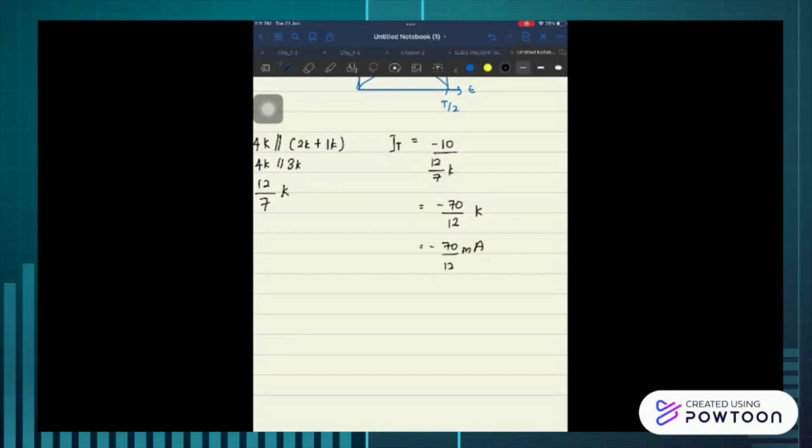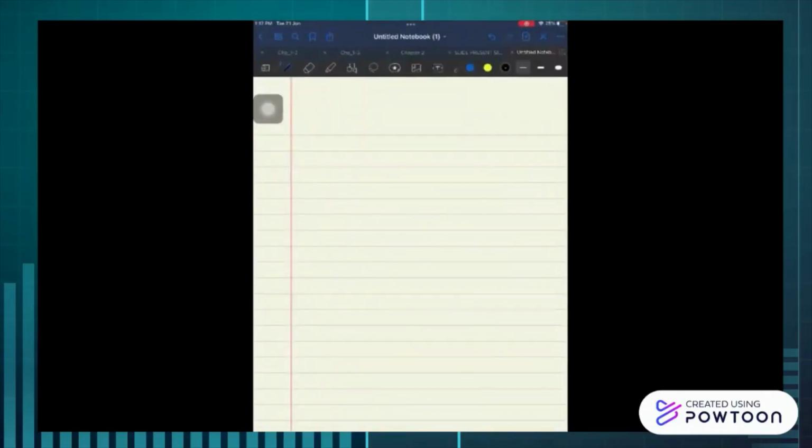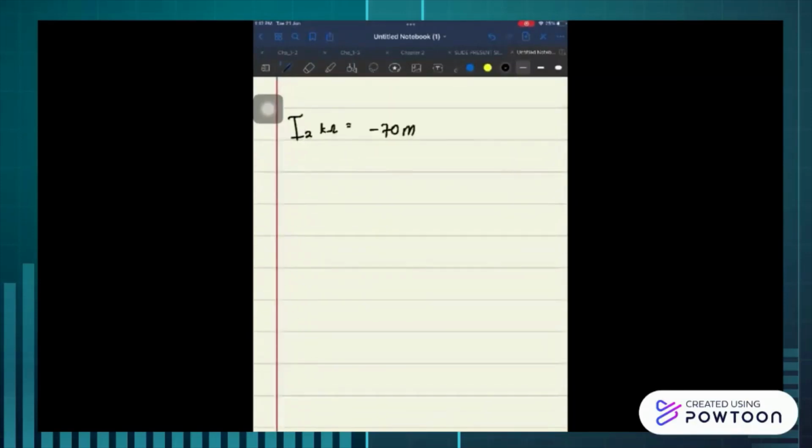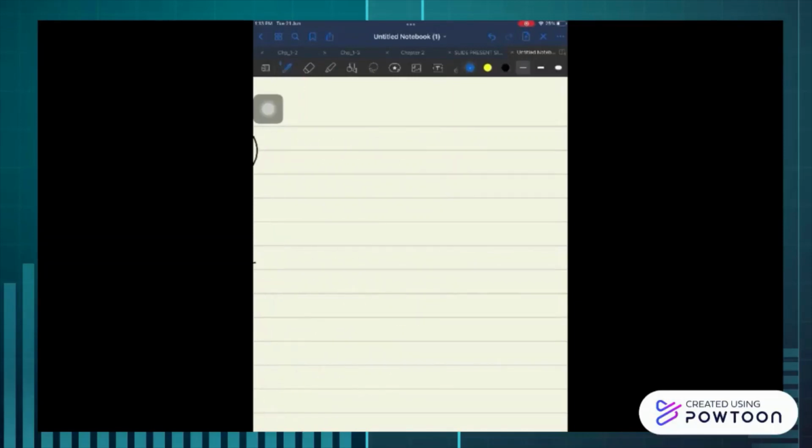The same steps will be repeated for the negative cycle, and by acquiring all those data, we can create a graph for this bridge rectifier circuit. And looking at the circuit, we can now find the peak inverse voltage for this circuit, and that's all.